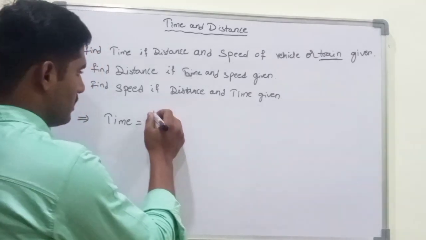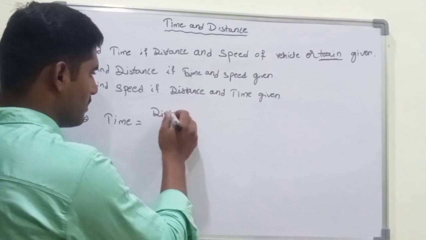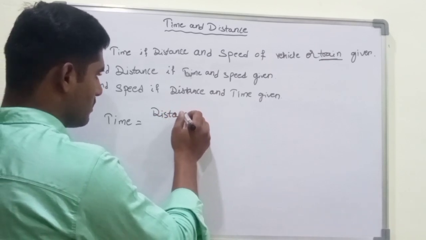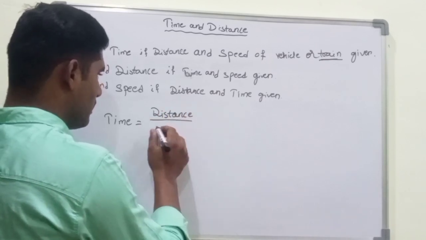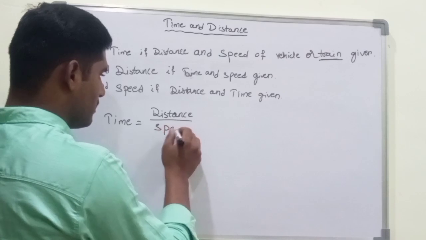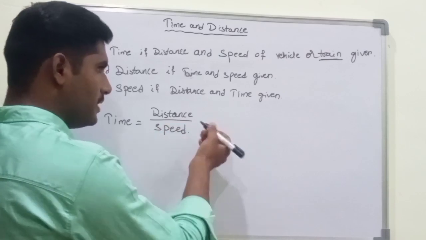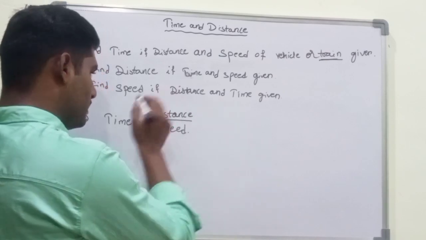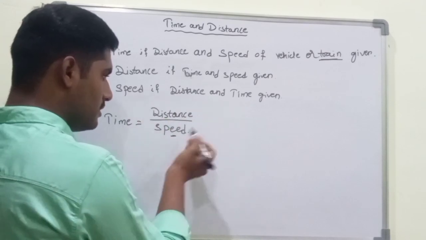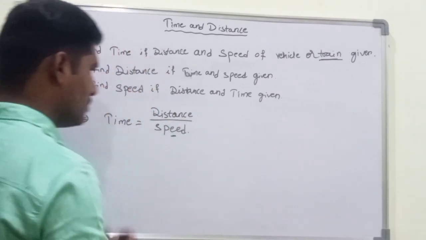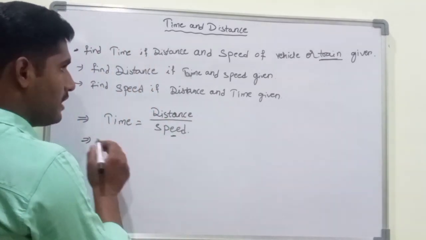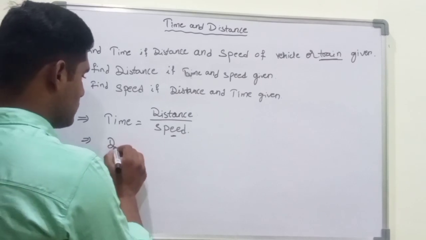So time is distance by speed. Some distance covered in particular time is speed.